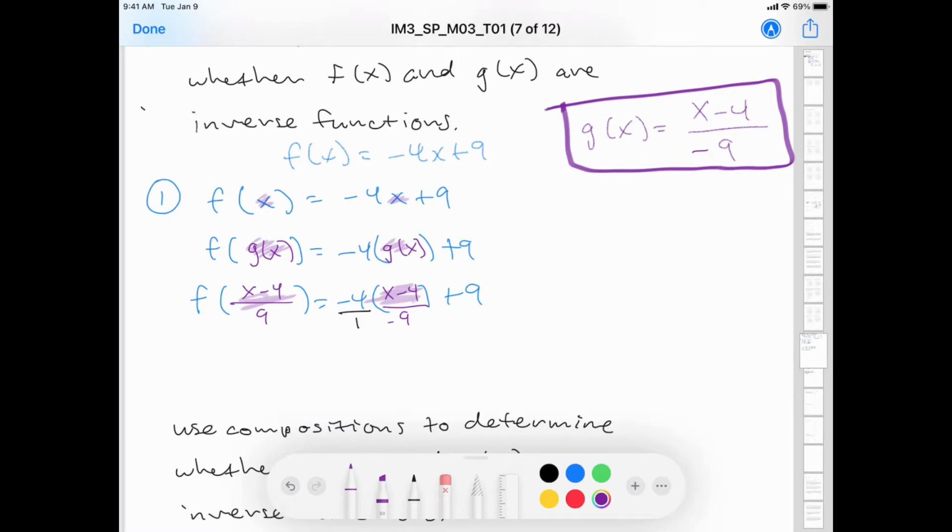So negative 9. Okay. So if I wanted to simplify this one, if I do negative 4 divided by negative 9, I just get positive 4 ninths.